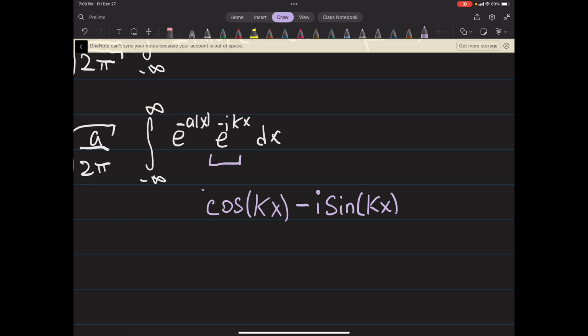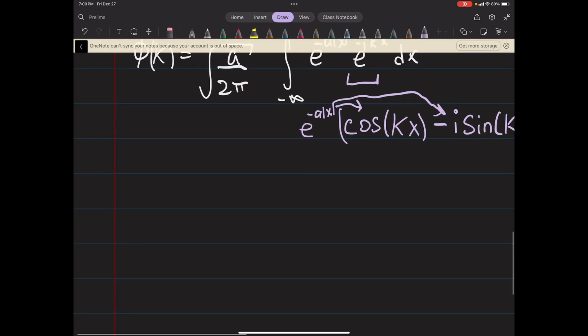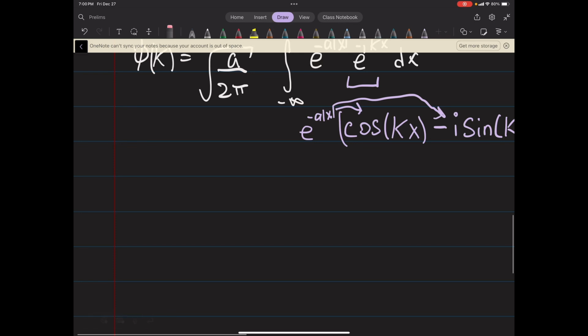So we're going to have all of this times e to the minus a absolute value x. And then we're going to distribute this and we're going to get two integrals. So hopefully that makes sense.